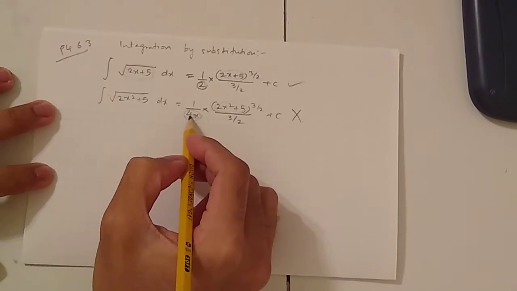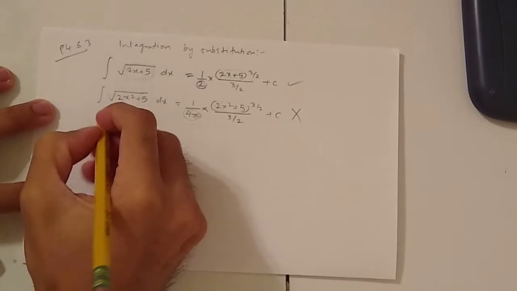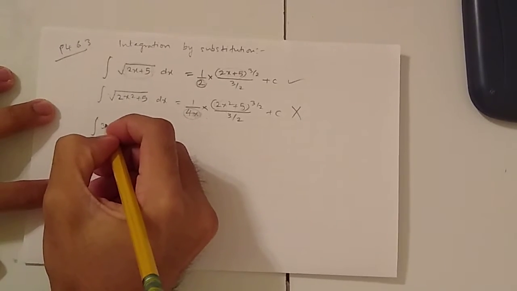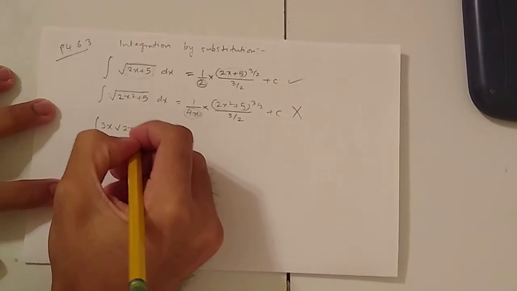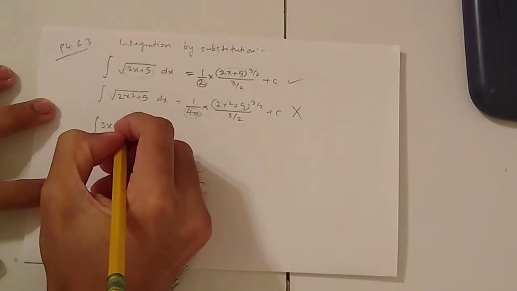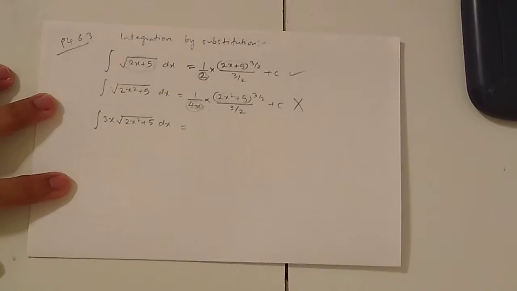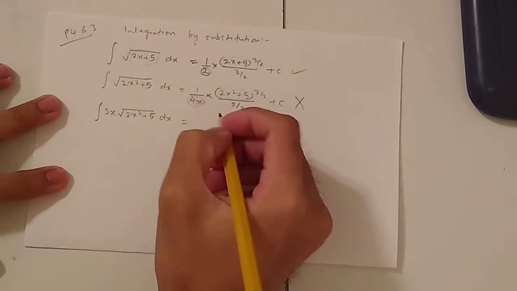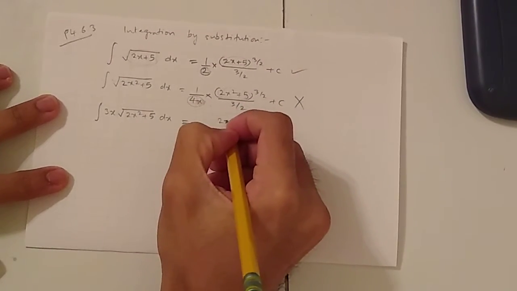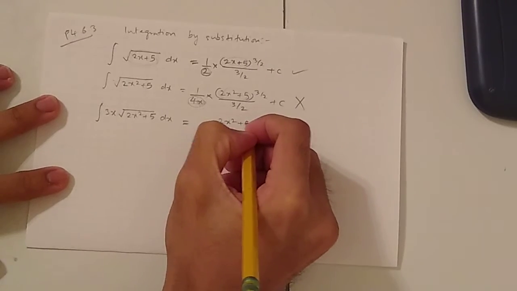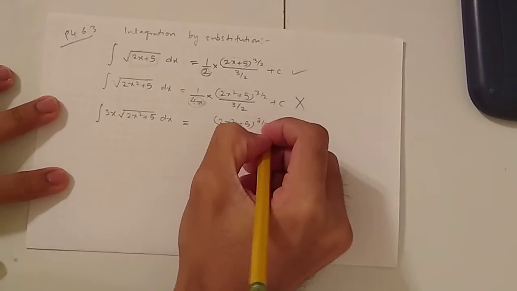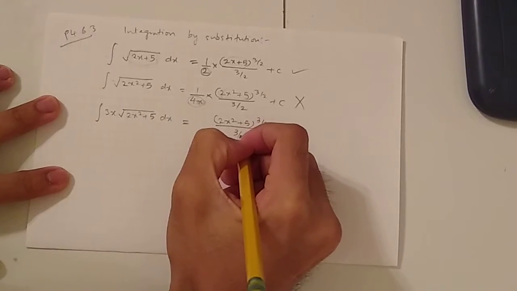Let's say that instead we have 3x into the root of 2x squared plus 5, with respect to x. If we want to integrate this, we can now continue with that integration: (2x squared plus 5) raised to 3 by 2 divided by 3 by 2.